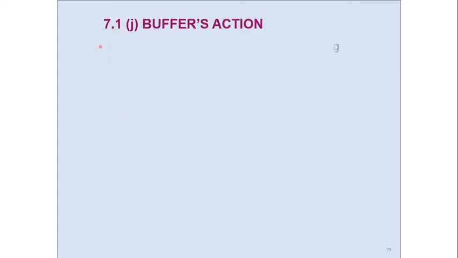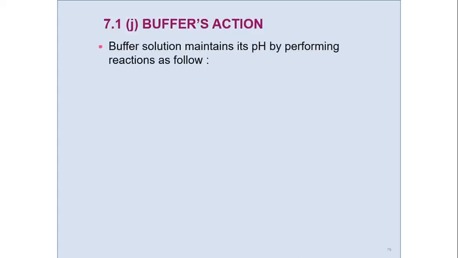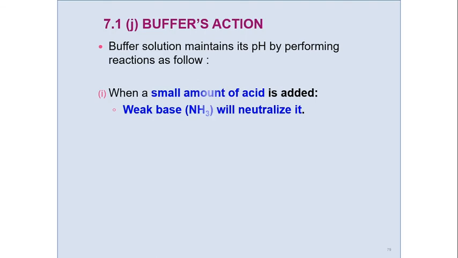Apa jadi kalau kita tambah asid dan juga base pada basic buffer? When a small amount of acid is added, weak base, in this case NH3, will react to neutralize it. Kita akan ambil base untuk neutralizekan acid yang kita tambah.